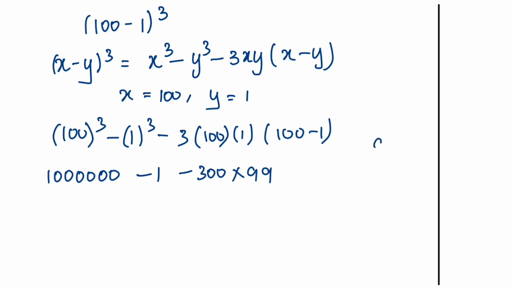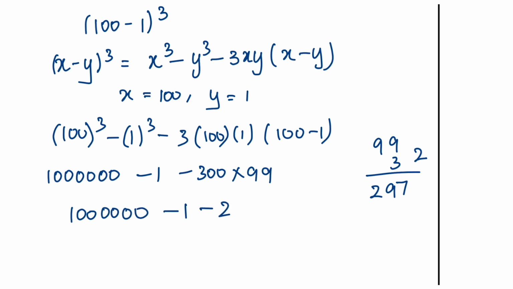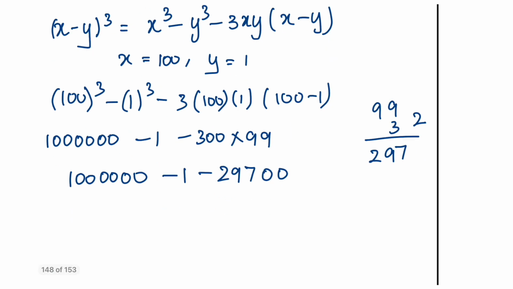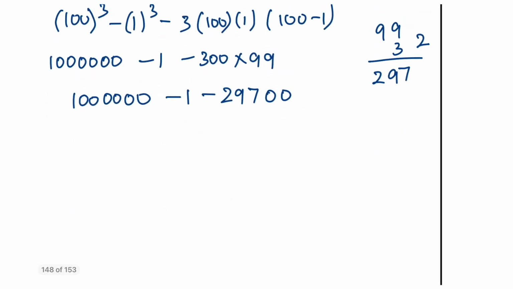Let us first find the value of 99 times 3, so 9 times 3 is 27, so 297. So it's going to be 1000000 minus 1 minus 29700.